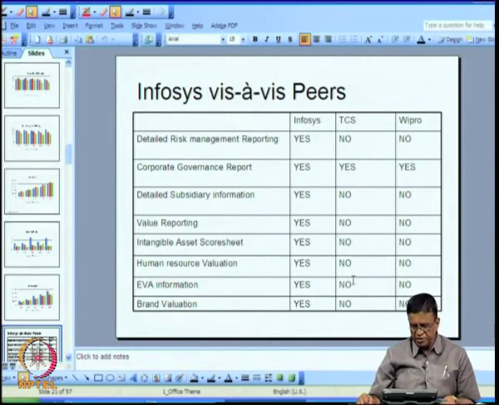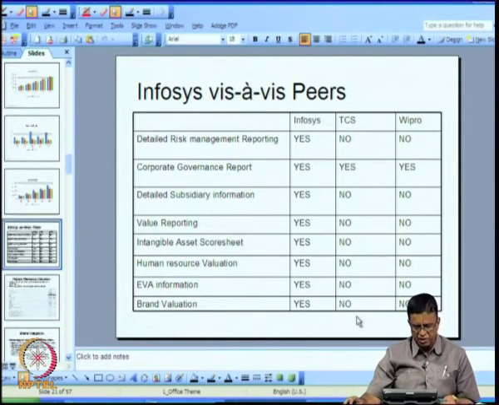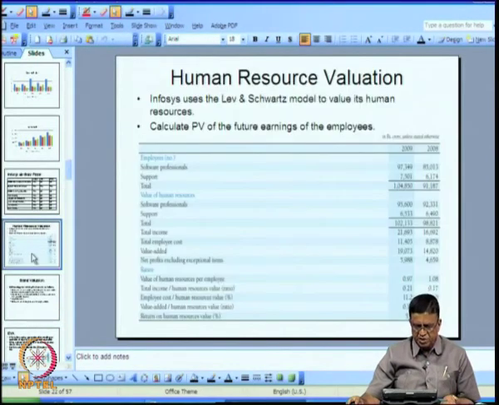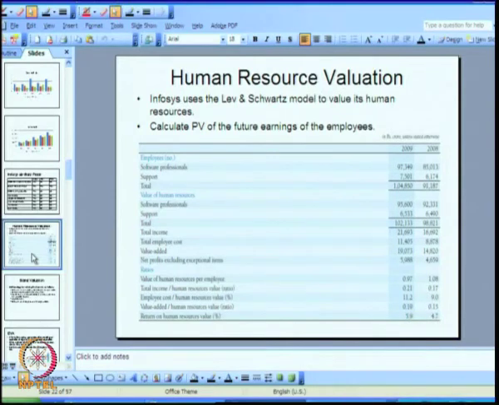Similarly, the human resource valuation, the economic value added information and the brand valuation, all these are reported by Infosys. So, there is a human resource valuation model which Infosys uses. This all comes under corporate social governance or corporate social responsibility. It uses the Lev and Schwartz model to value its human resources.